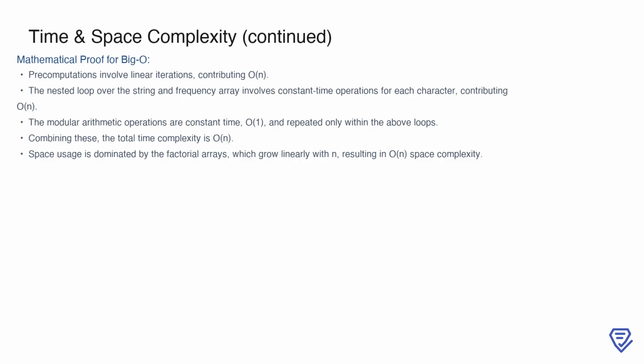Modular arithmetic operations, such as modular exponentiation and multiplication, are O(1) and only occur within the loops, so they do not increase the complexity further. When we combine these elements, the total time complexity remains O(n). For space complexity, the dominant factor is the factorial arrays, which grow linearly with n, resulting in O(n) space usage. This confirms that both time and space complexities are optimal for this problem.